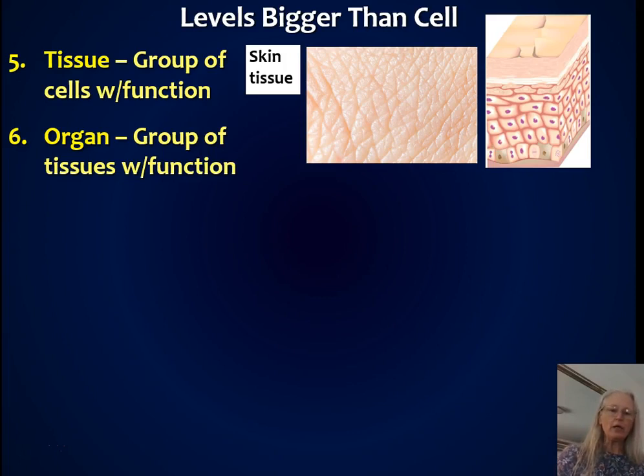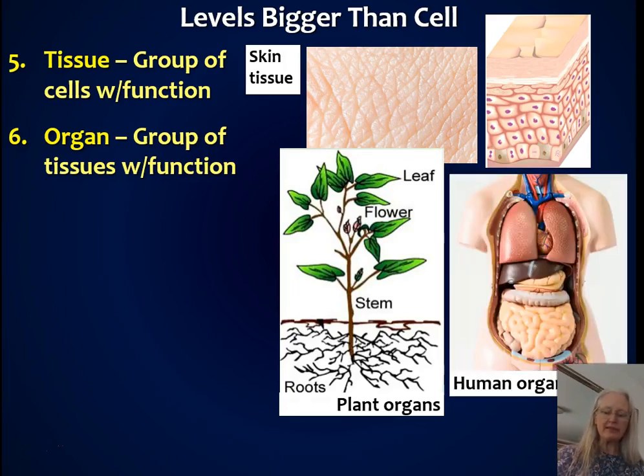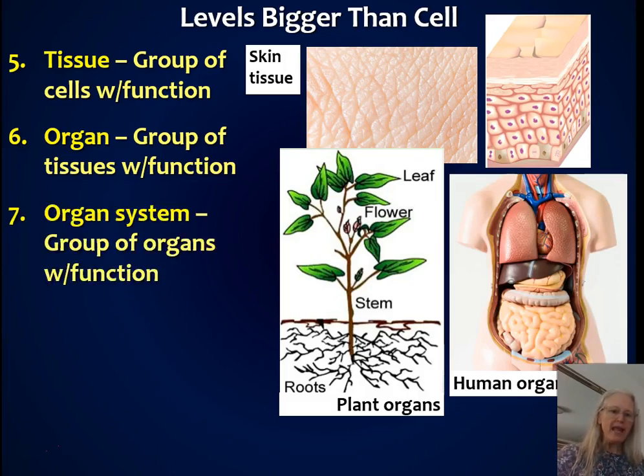So now an organ is many tissues together that work and have a certain function. So plants, you might not have thought of plants, but plants have organs. And a plant organ could be something such as a leaf or a flower or a stem. Humans, of course, have organs. Your liver is an organ. Your lungs are organs.